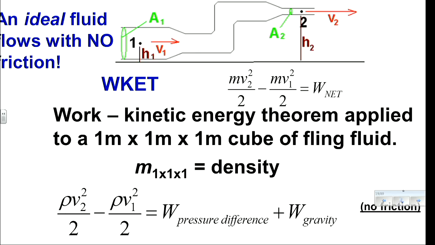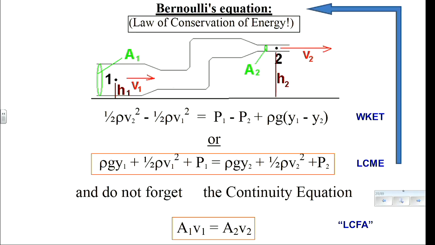The mass of 1 cubic meter is the density. Force acting on 1 square meter is pressure. So if we apply the work-kinetic energy theorem or the law of conservation of mechanical energy, the equation, which has a name, Bernoulli's equation, again, an Italian physicist, looks like this.